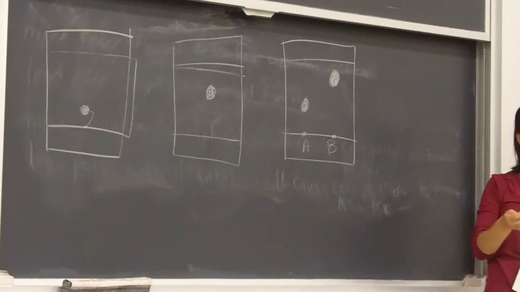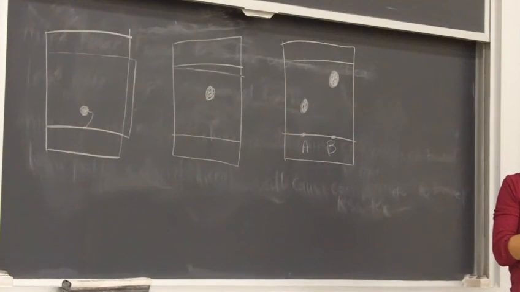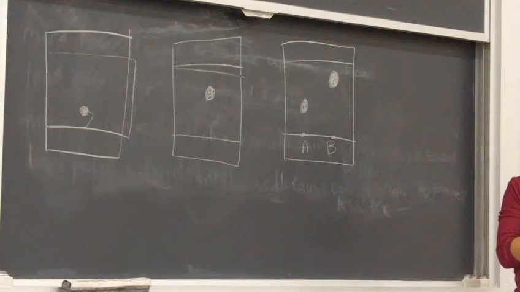Now, one thing that does not happen with TLC is it's not like a melting point. If you get a smaller RF value than you should have had, you can't say that it was depressed because there was an impurity. It doesn't work like a melting point or a boiling point. You can't depress an RF value. It should be consistently the same.